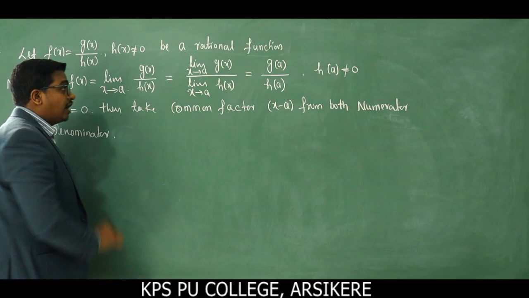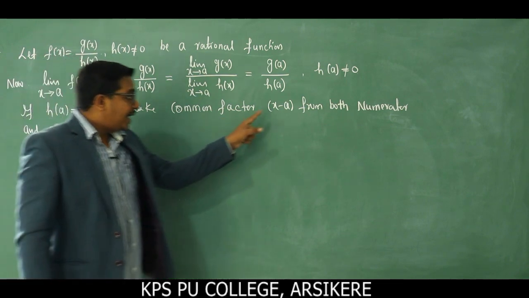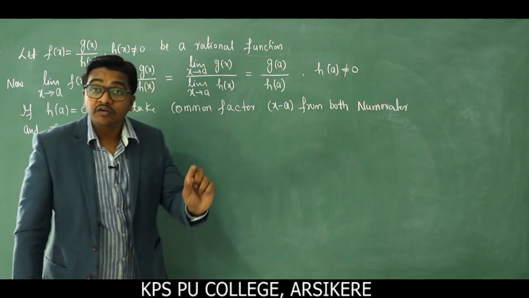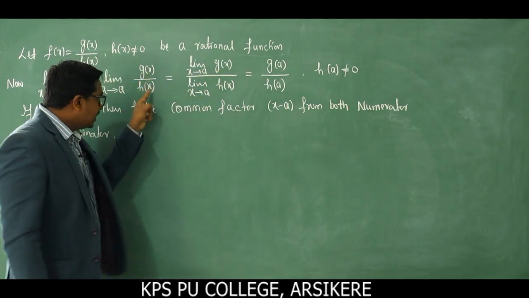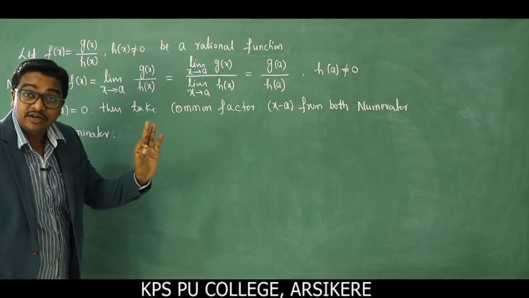It means we have to take x minus a as a common factor from both the numerator g of x and the denominator h of x.